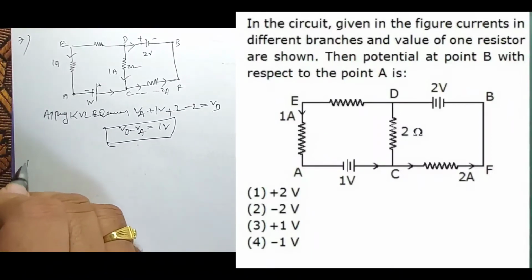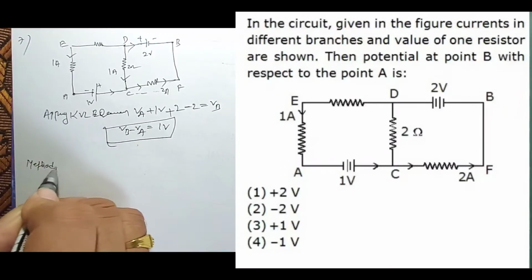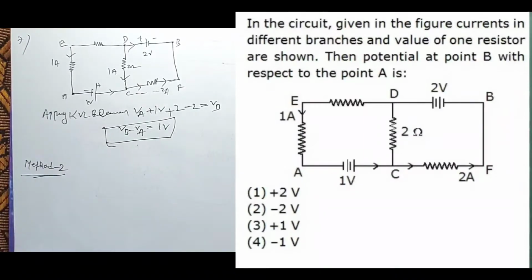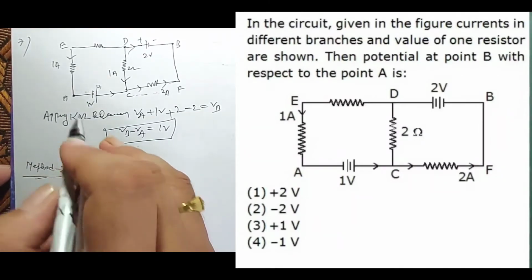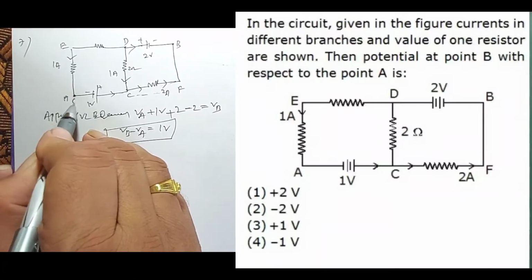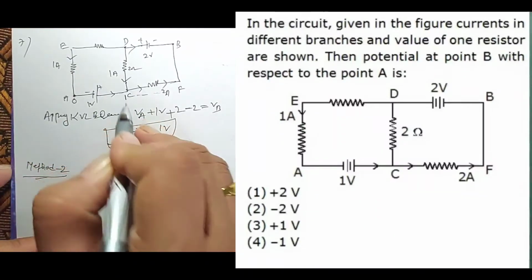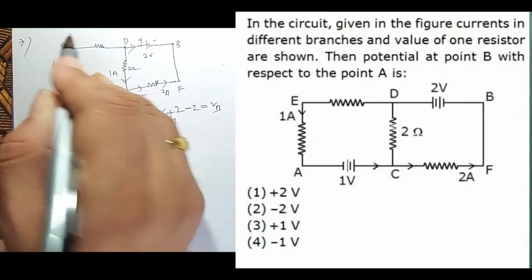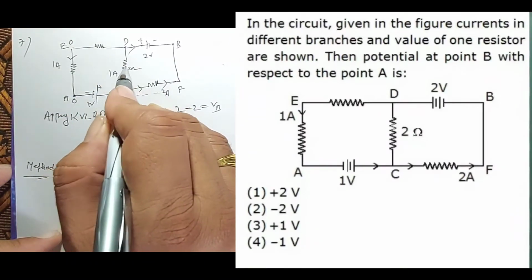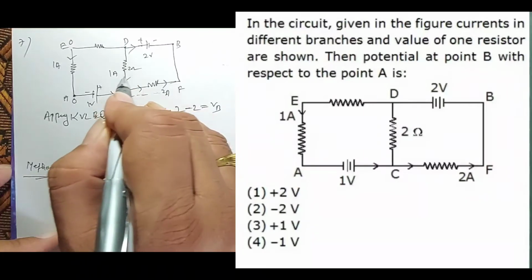This question can also be solved with another method, distribution of potentials, very easily. Now this end is 0 and this end is 1 volt. This end is 1 volt and this is also 0. Between C and D there is 2 volts.